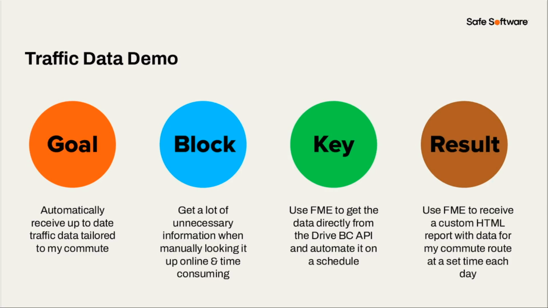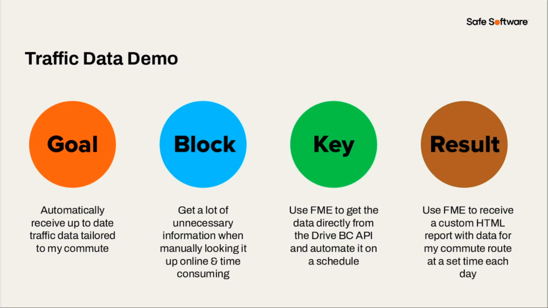Okay, so I'm going to start off with a traffic data demo where my goal is to automatically receive up-to-date traffic data tailored to my commute home from the office. But this is usually blocked by a lot of unnecessary information that I get from looking up the traffic data online. And it's time consuming to sort through all of that and determine what is only relevant to my commute.